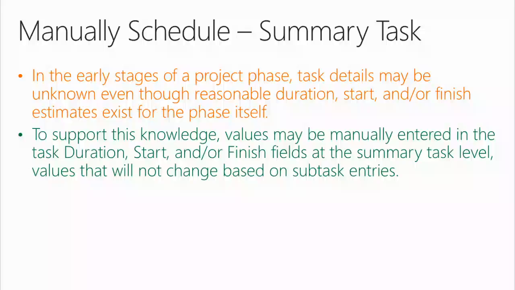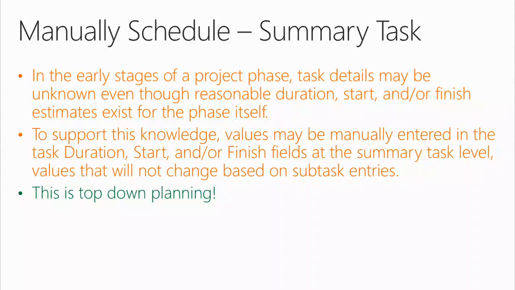To support this knowledge, values may be manually entered in the task duration, start, and finish fields at the summary task level, values that will not change based on subtask entries. This is top-down planning. We've now hit the intent of this feature. We could stop right here and say, that's it. But we're not going to.